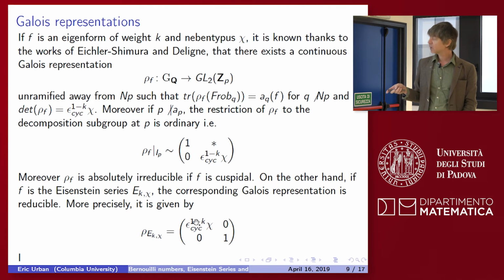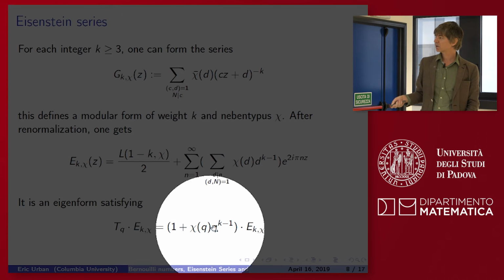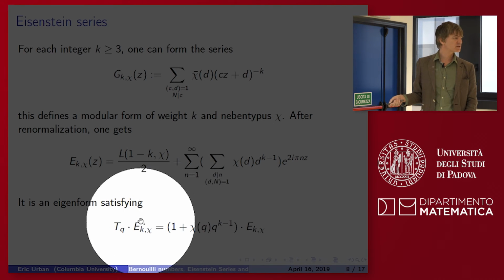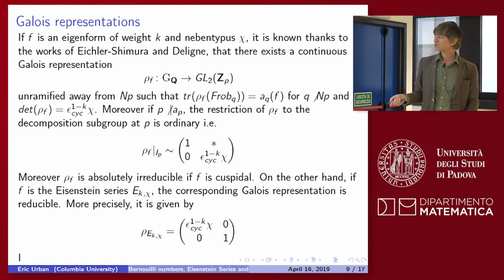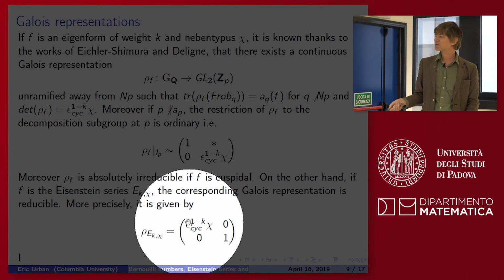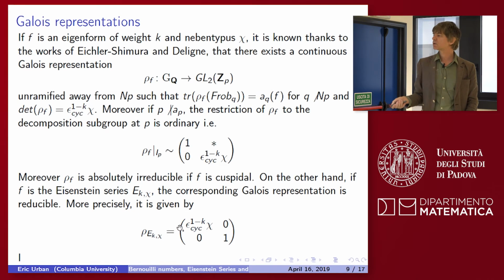If you remember the eigenvalue of the Eisenstein series here, you see that this is exactly the trace of Frobenius_q for this Galois representation. When you apply Frobenius_q to this, you get exactly chi of q times q^{k-1} plus 1.